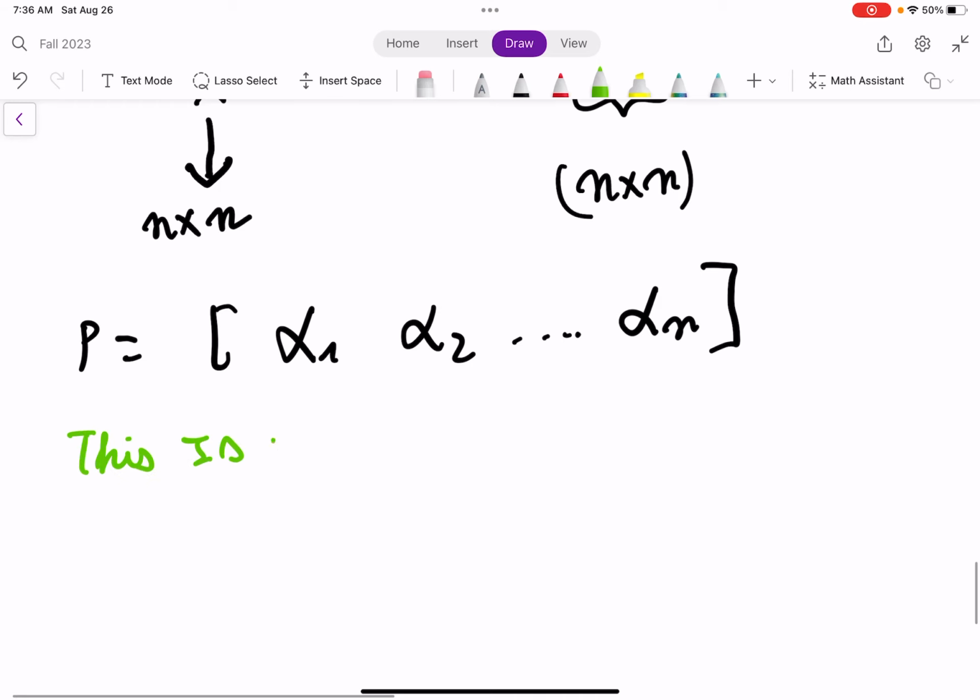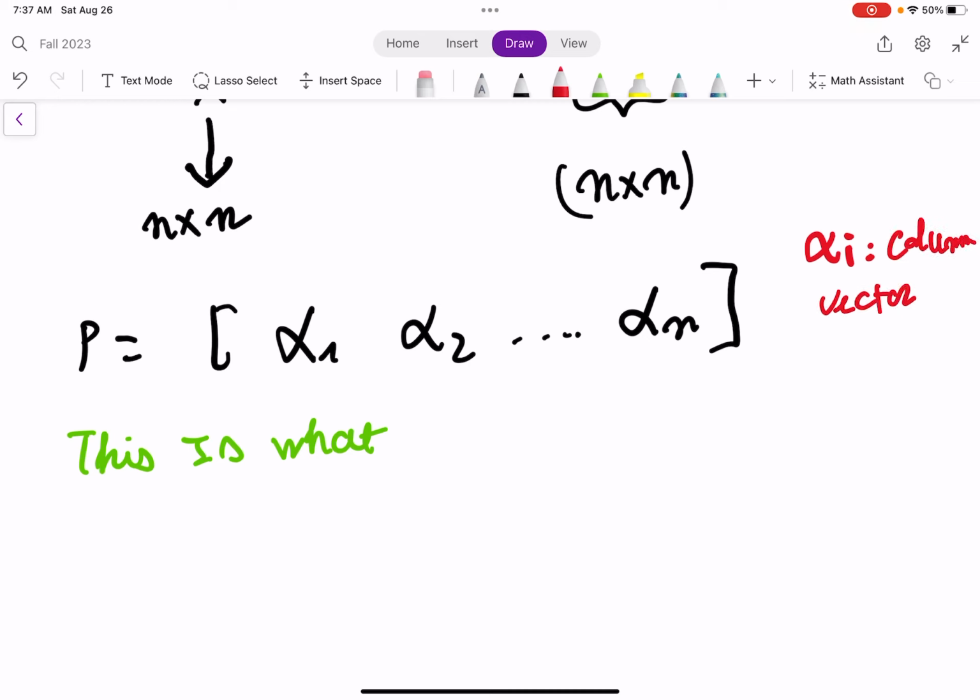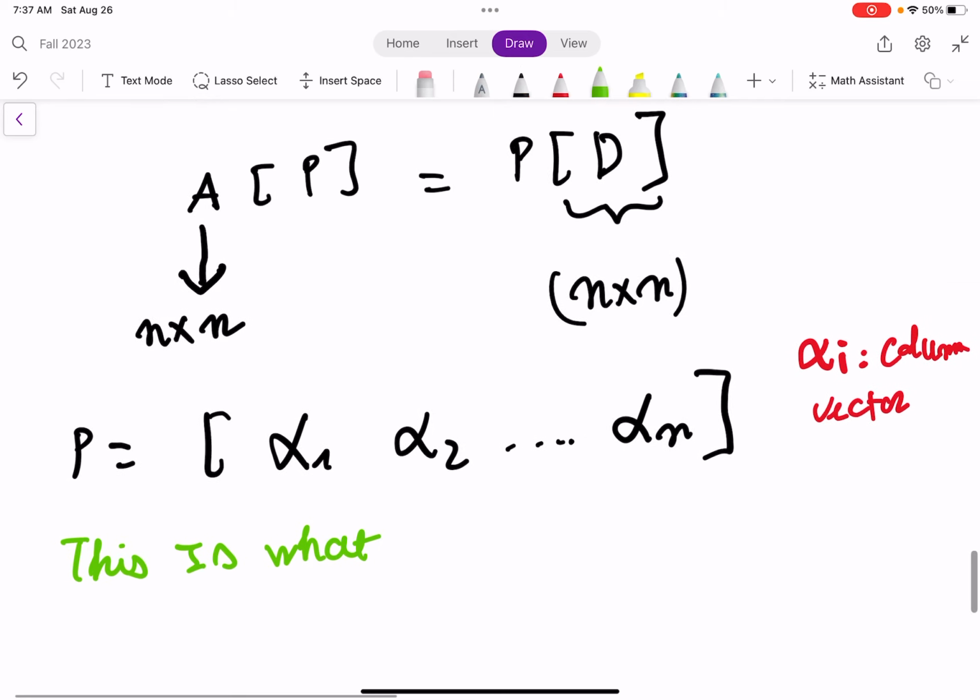Let me make some notations easier for y'all. So alpha i is the column vector. This is what we want P to be, because the dimensions of the left hand side and the right hand side must match.